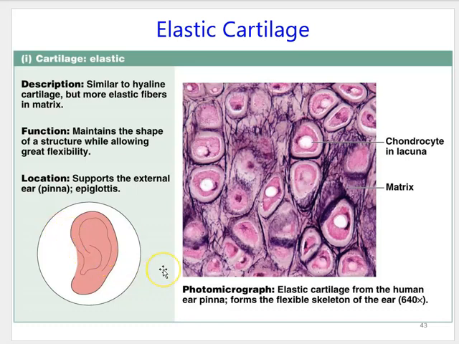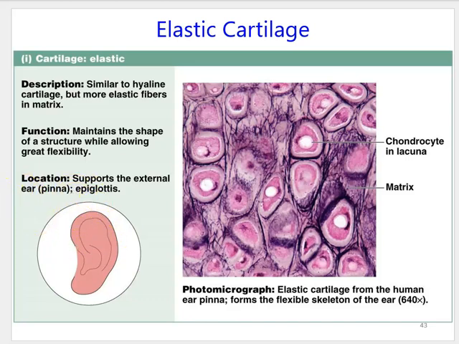which does have a distinctive shape to the lacunae. There are more lacunae and they're closer together, and you might see the elastic fibers. It's found in two parts of the body that start with E, the ear and the epiglottis.